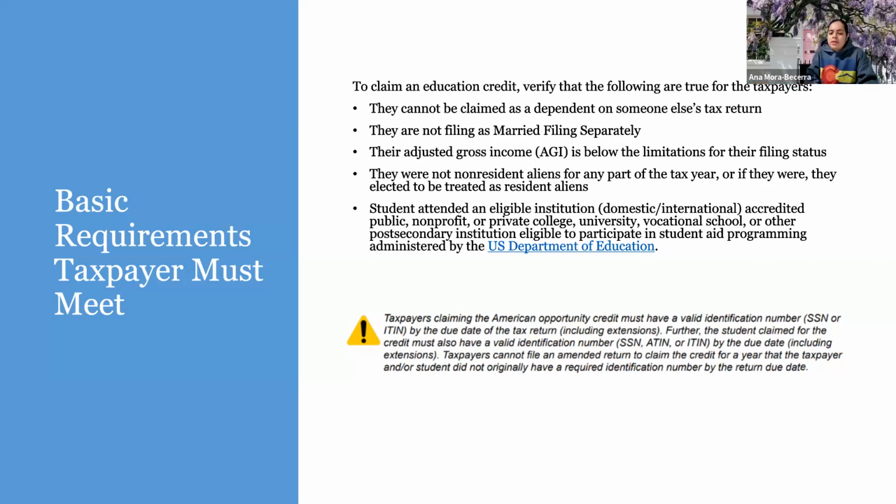Yeah, I think it's further on, but the American Opportunity Credit is only for the first 4 years of your post-secondary degree, and you can't have completed your undergraduate degree.